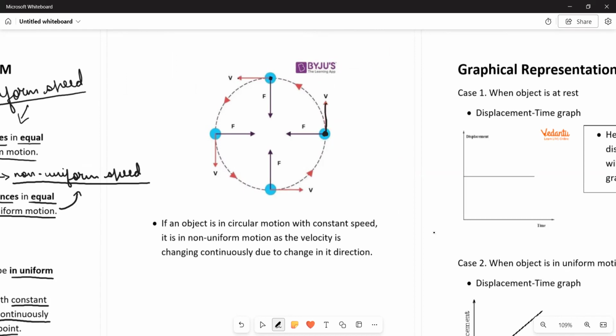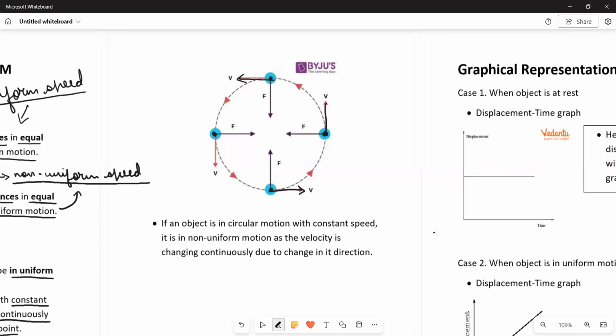See, there is one diagonal drawn over here, and this tangent drawn over here will show us the direction of the motion at this point. Same for this point, and same will happen for this point. This arrow, which is the tangent to this point, will show us the direction of the motion at that point.